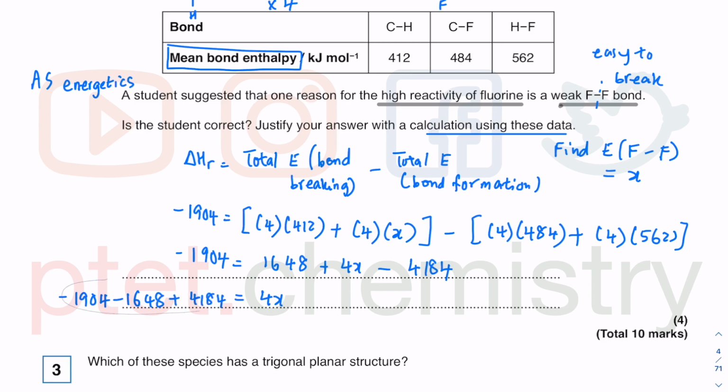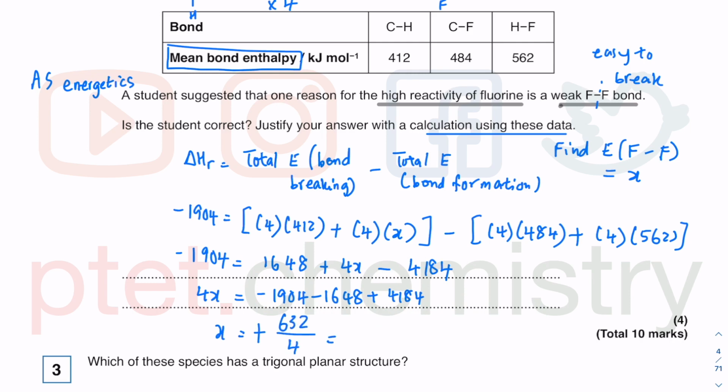I should probably move this longer one to the other side. It's just mathematics, to be honest. So that is going to be plus 632 divided by 4, and I get plus 158 kilojoule per mole. And that is the bond energy for the F-F.